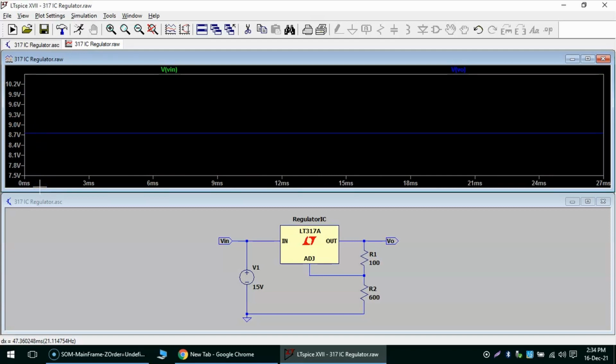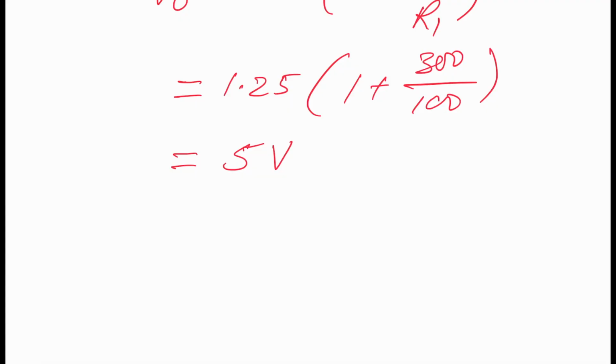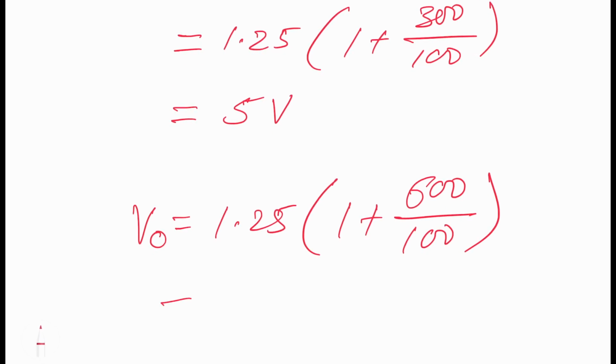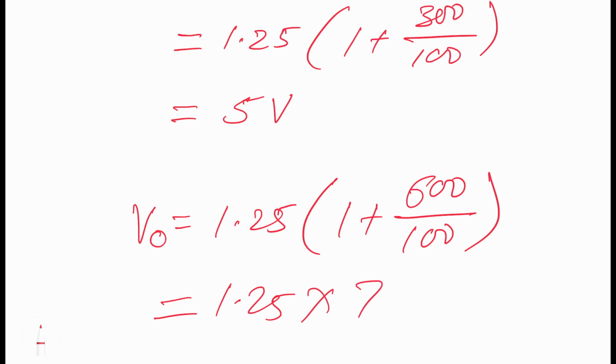Now for that, we have to put the values. VO is equal to 1.25 into 1 plus 600 upon 100, because R2 is now 600 and R1 is fixed as 100. So you will get 1.25 into 7. So that gives you 8.75 volt.